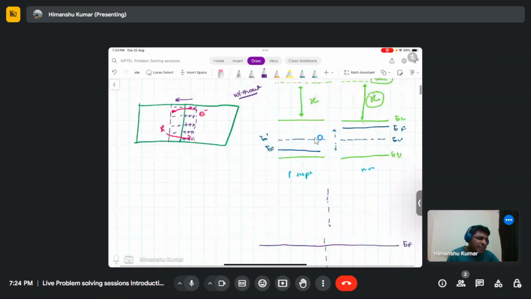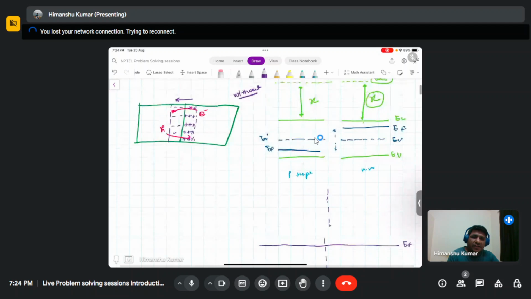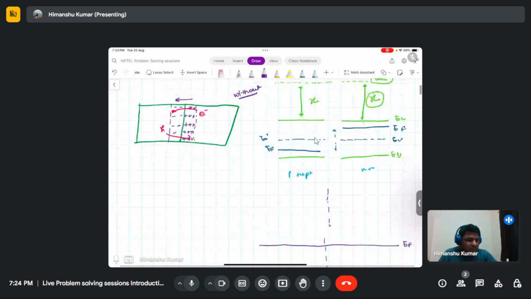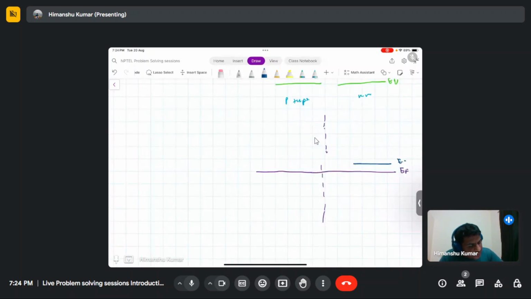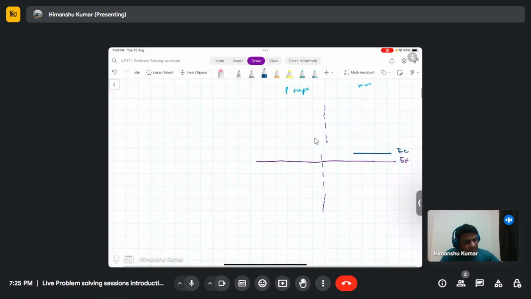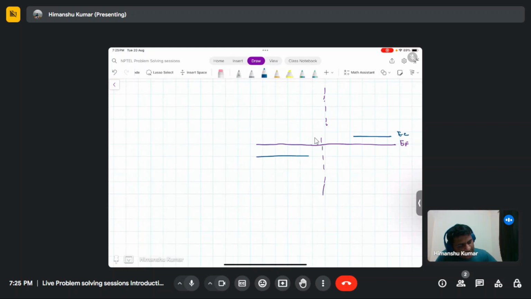In the neutral region, the properties of the semiconductor will be similar to what they were before making the junction. So in the neutral region this will be the conduction band, and similarly in the neutral region on the p side, this will be the valence band, with the Fermi level near the valence band.